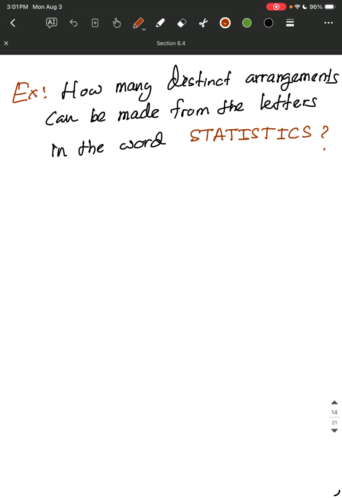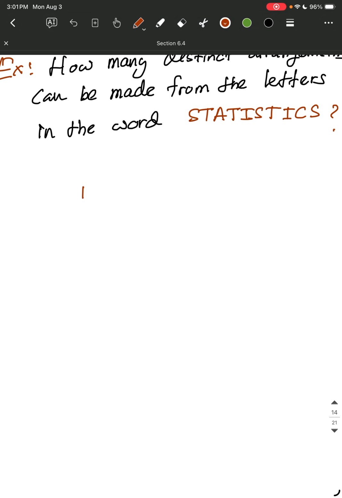First, count the letters: 1, 2, 3, 4, 5, 6, 7, 8, 9, 10. Statistics has 10 letters.